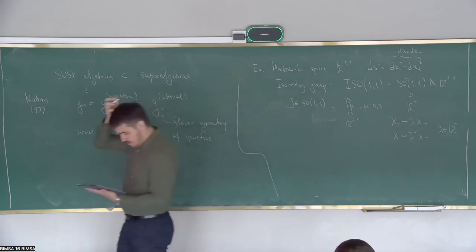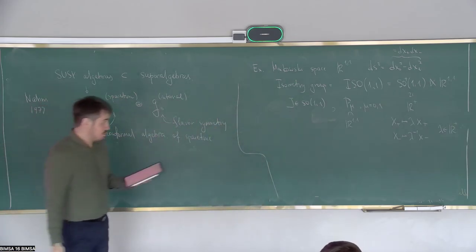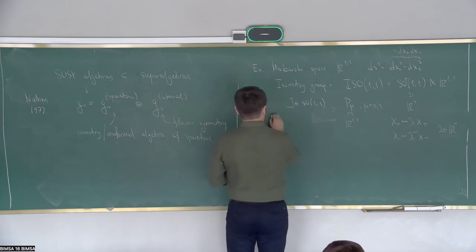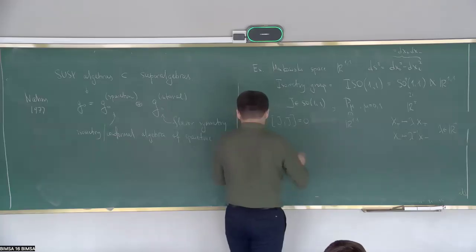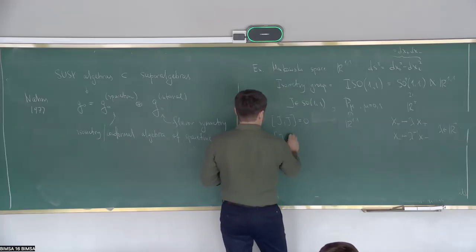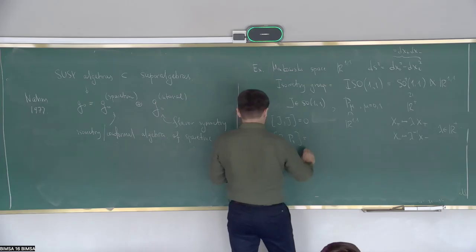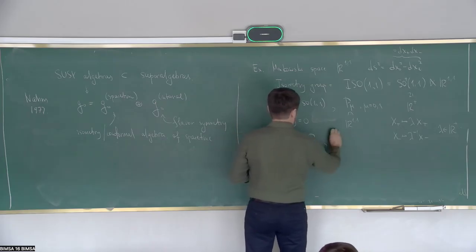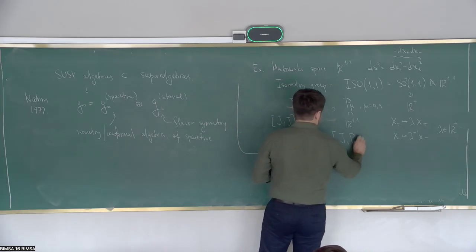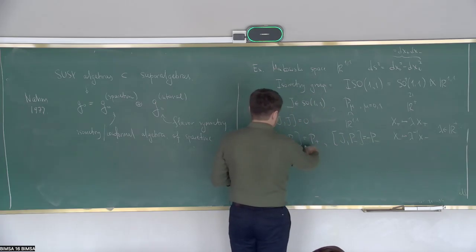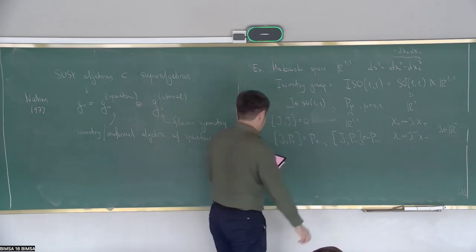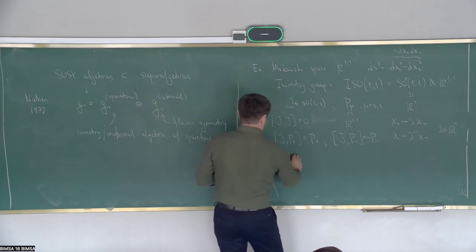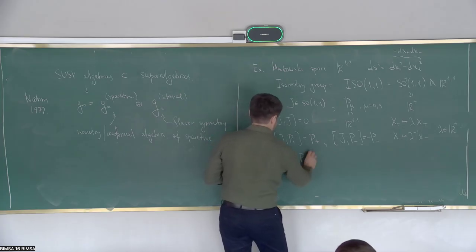It's one-dimensional and abelian. So the algebra looks like: J with P plus-minus gives plus-minus P plus-minus, and P plus with P minus is 0.